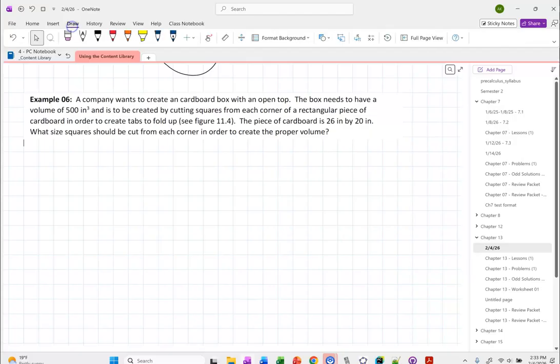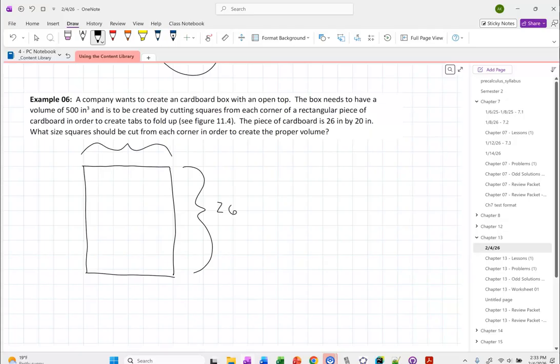So let's sketch a picture of what this thing has to look like. So here's our sheet of cardboard.